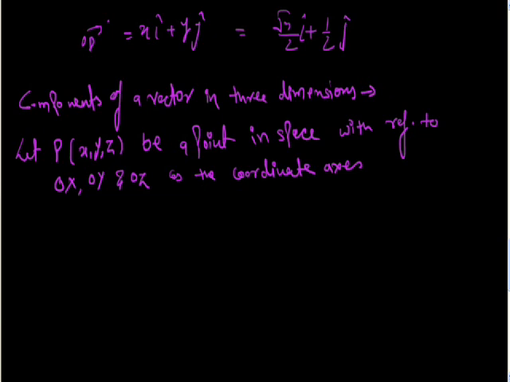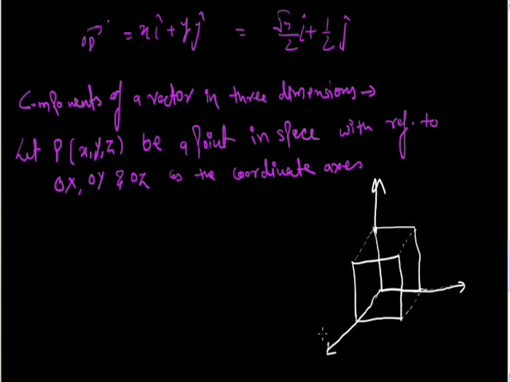Now let's draw a diagram with x, y, z, that is point P. Now the coordinate of this point is x, y, z, and this is i cap, this is j cap, this one is k cap.